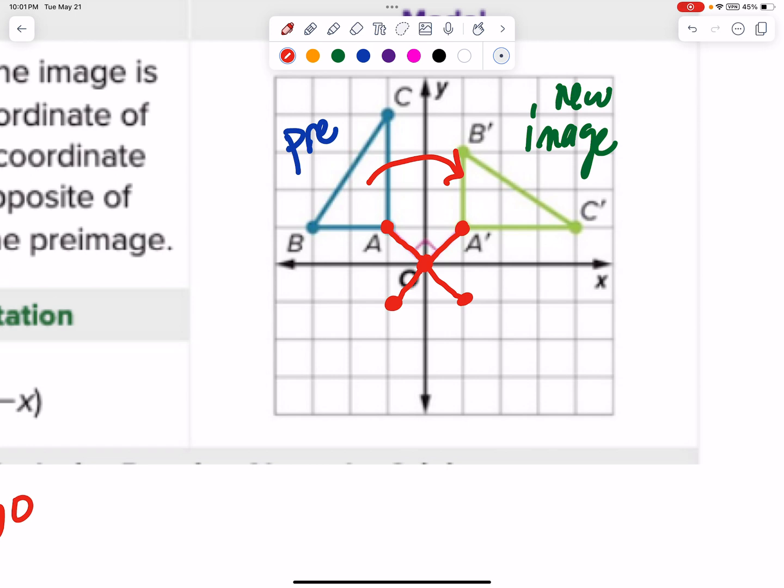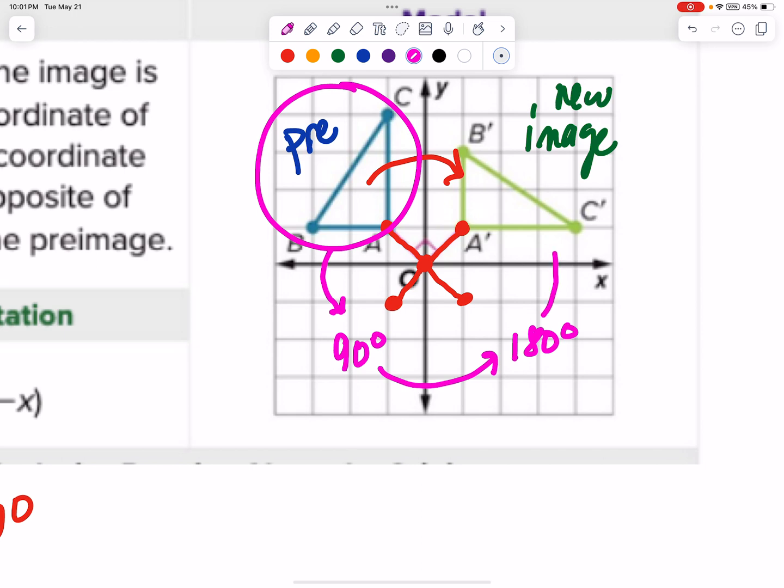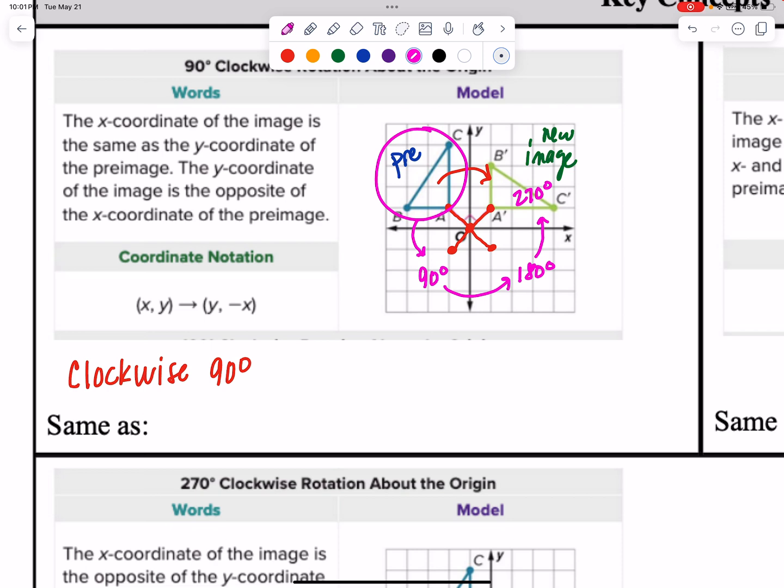Okay, so another thing to think about here is if we started here at the pre, and I went counterclockwise, one spot would be 90, another spot, meaning sort of across, would be 180, and another spot would be 270. So another thing that we could say is this would be the same as counterclockwise 270 degrees.